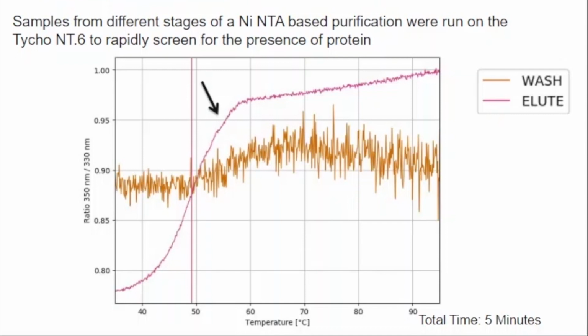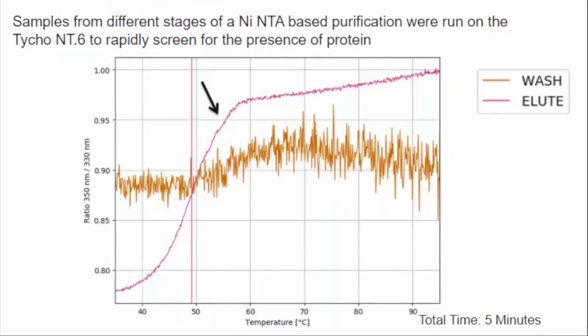As you can see on this slide, the pink trace has a nice, well-defined curve with a TI of just a little bit less than 50 degrees Celsius, whereas the orange curve is very jaggedy. There's lots of variance in signal, and though there is a slight curve to it, there's no clear transition.